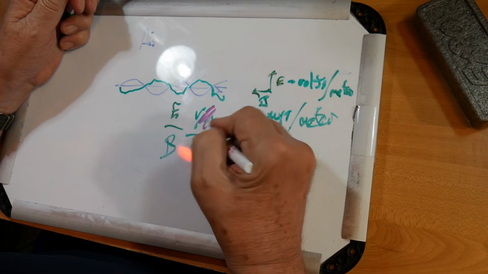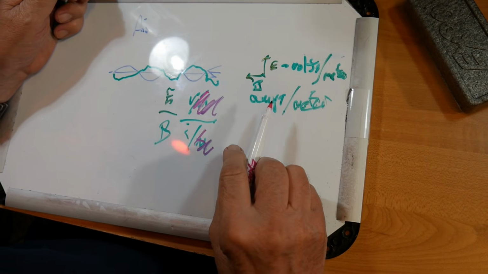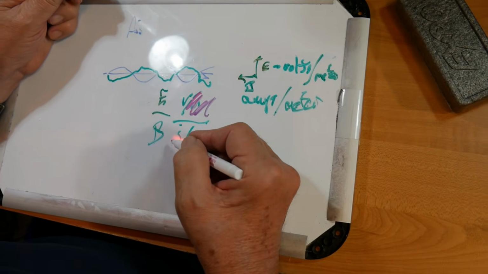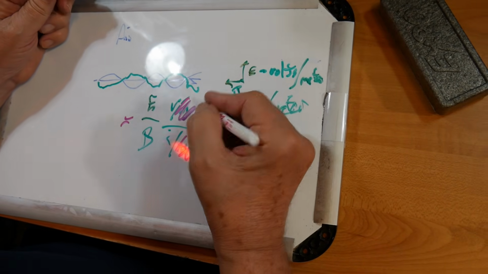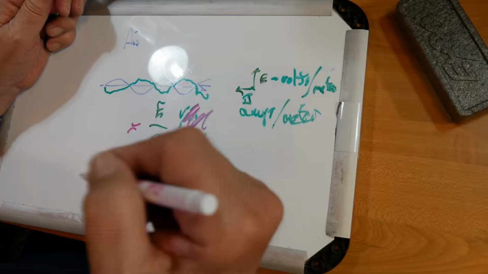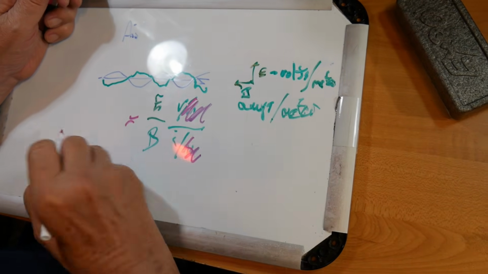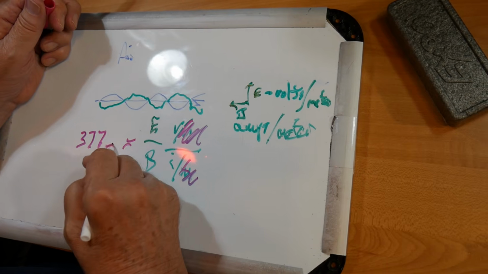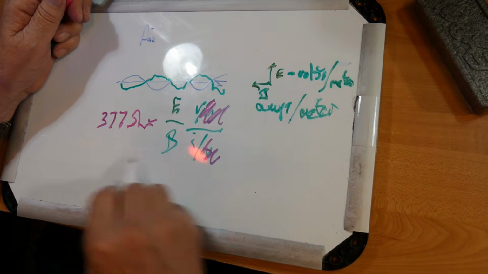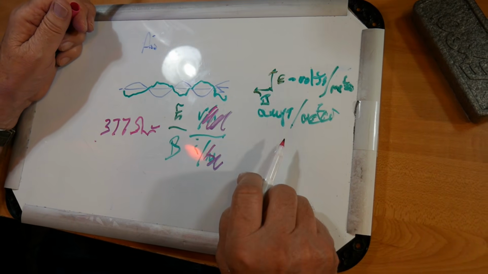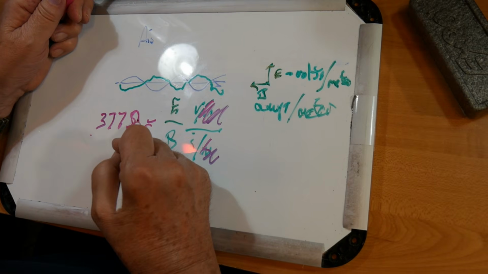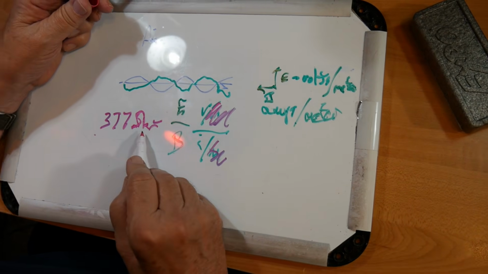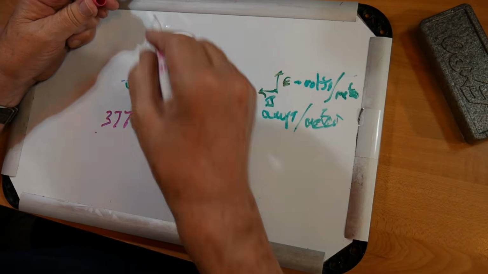In the units, we can just cancel these out. They cancel each other in this equation. So we have volts over current. And what is the ratio, meaning the impedance of free space? 377 ohms. Okay, 377 ohms. So that's an omega. That's not a very good omega, but that's a good omega. Okay? 377 ohms is E over B.